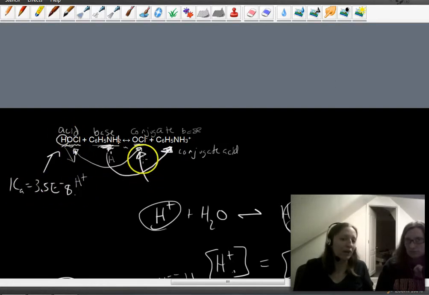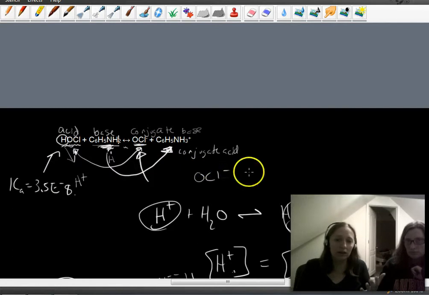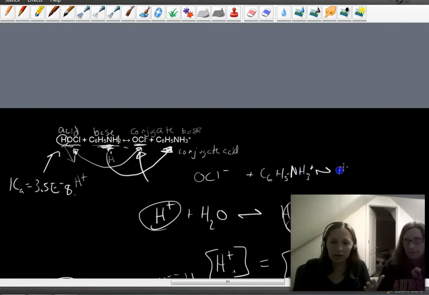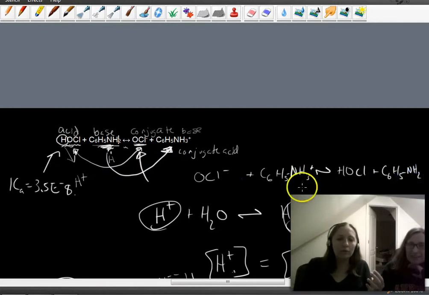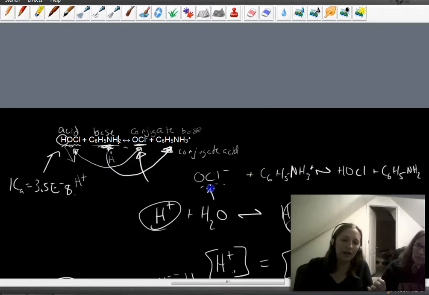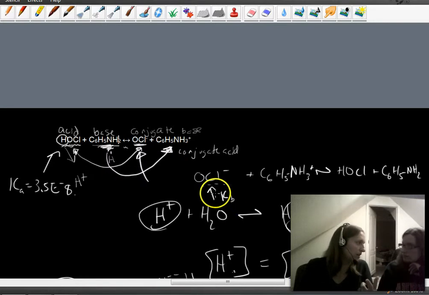If you flip this thing around, like if you write the equation the other way, which you can do, because hey, why not? It's an equilibrium arrow anyway. It's just really long. That's why people don't do it. If you flip this thing around, you can find that your hypochlorite ion has got a K as well. It's got a K expression, and that's a Kb, because it's not an acid anymore.